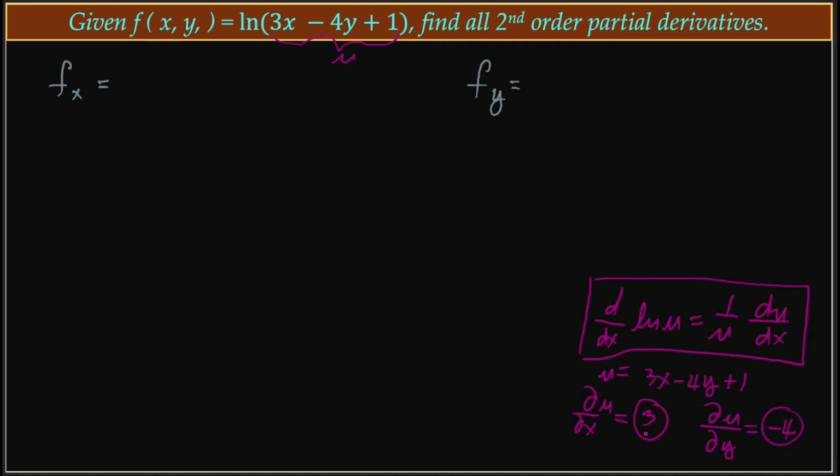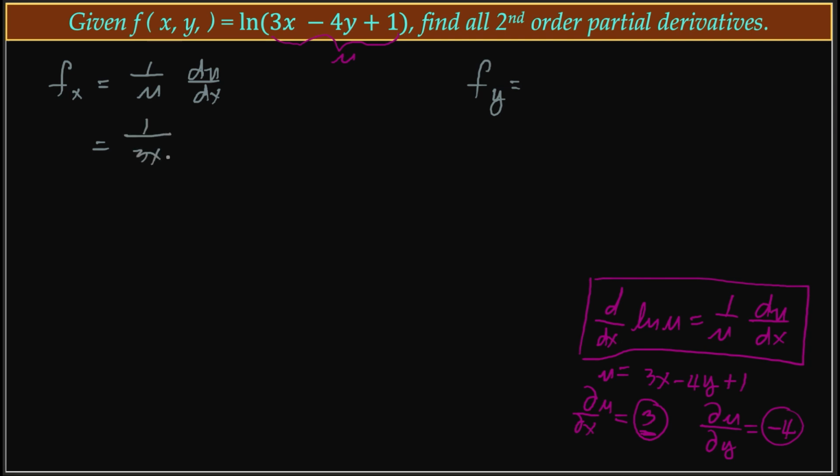With respect to x it is 3 because 4y and 1 will be considered as constants and their derivatives will become 0. And with respect to y, 3x and 1 will become constants, all of them will become 0, so we will be retained with negative 4. We will apply that here in differentiating f sub x. So in other words, this will be equal to 1 over u du dx. 1 over u, our u is what?